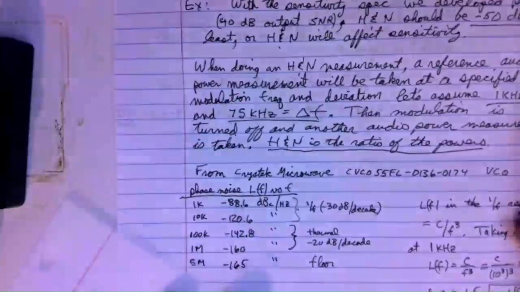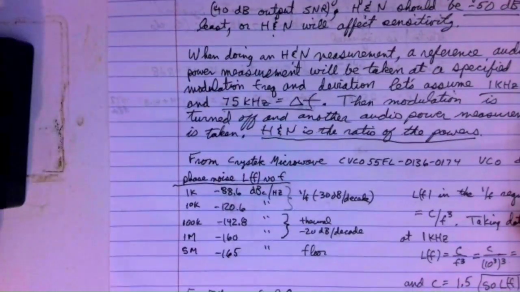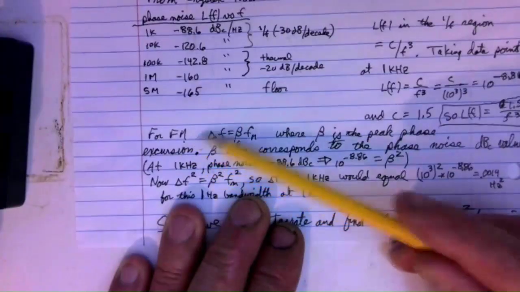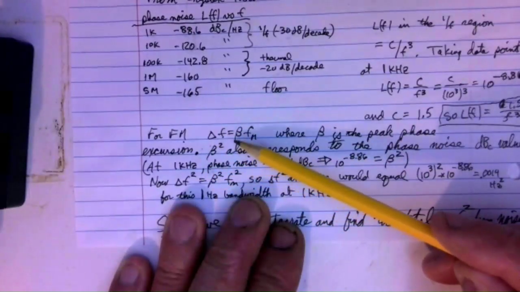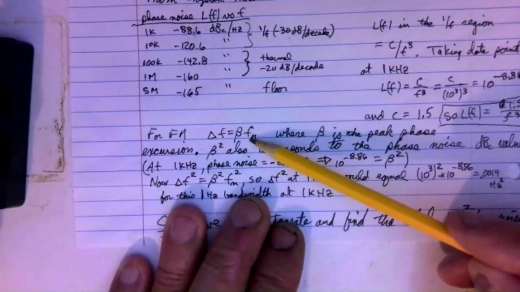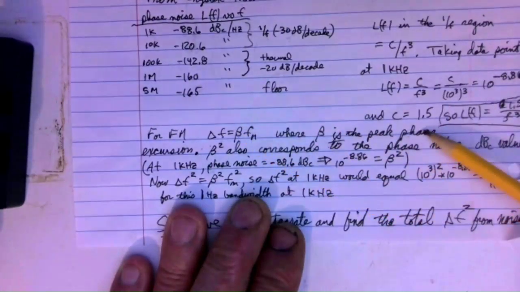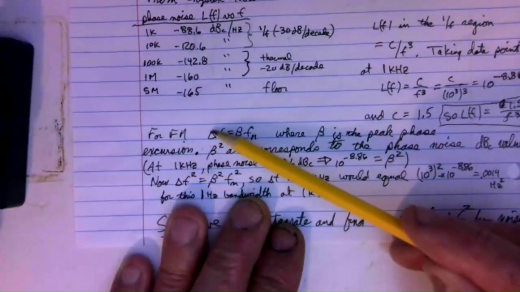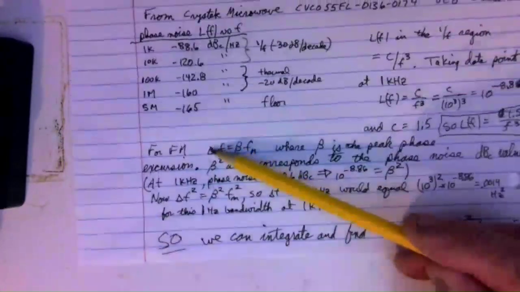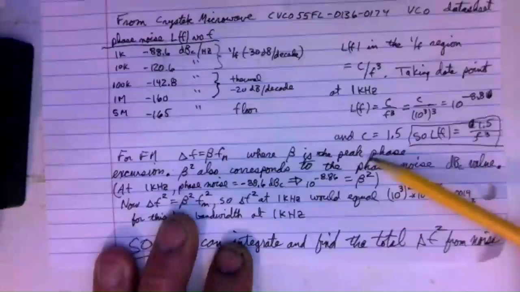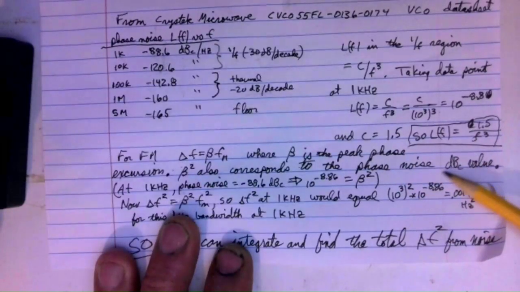So what we have to do now is not find our phase noise, but we need to find our deviation. And for FM, deviation delta F equals beta times FM, where FM is your modulation frequency, beta is your peak phase excursion, and delta F is your deviation. Now, beta squared here corresponds to the phase noise dBc value.